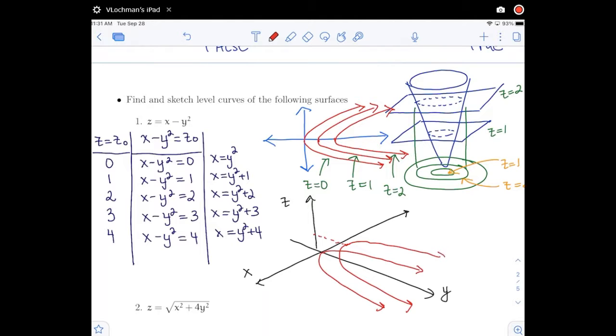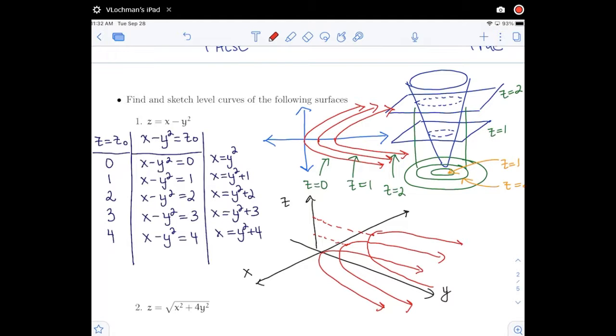Okay, my next parabola is shifted 1 more unit along the y-axis and then 1 unit up. Now you can think about it as showing you how this surface would look if you fill in all the space between the curves. Okay, so maybe this picture will make a little bit more sense of what these curves actually represent.